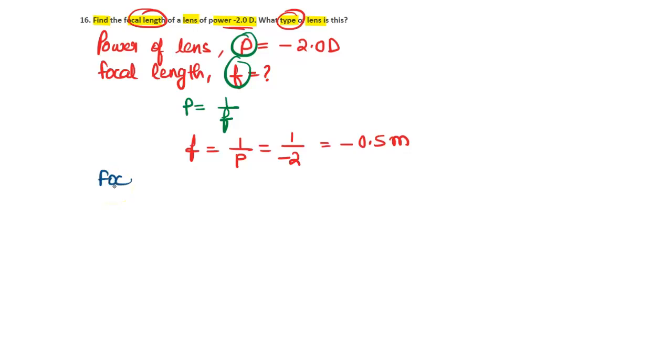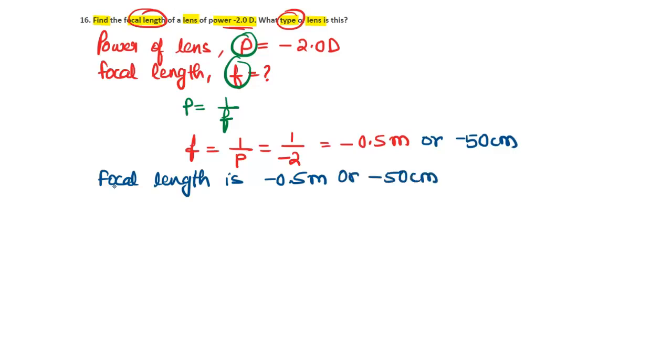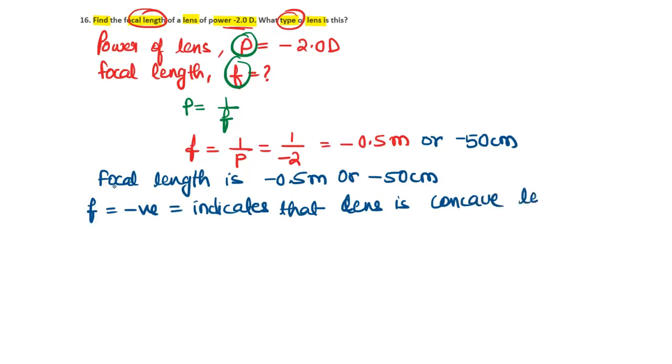So we can write that the focal length of the lens is minus 0.5 meter, or we can write this as minus 50 centimeter also. Now as the focal length is negative, this negative sign indicates that the lens is a concave lens.